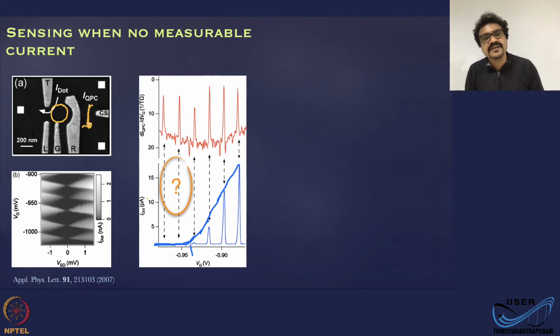So you can actually measure the current just by counting the number of electrons, which we will discuss in a minute.